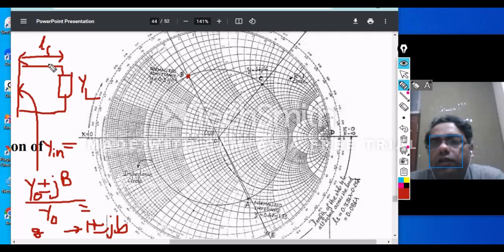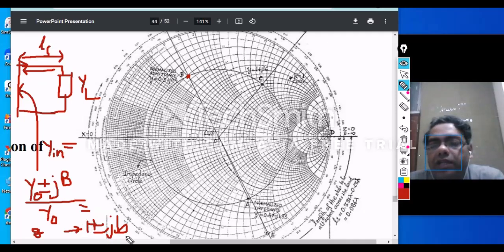Now we want that at a distance away from the load, we have to travel that much distance away from the load towards the generator, so that the input admittance is of the form 1 plus or minus jB, normalized.